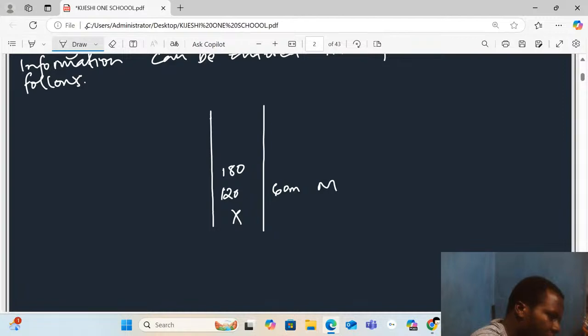Then we move 90 meters to the left, and we shall arrive at R. Then we move straight to 240.